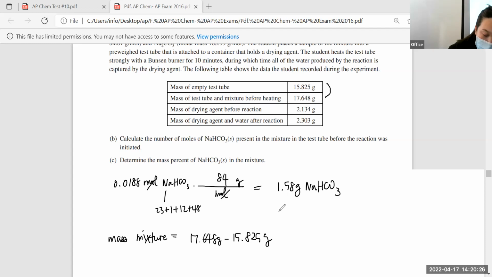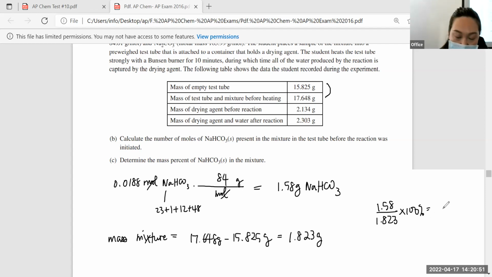That gives a mass of mixture of 1.823 grams. So my mass percent is going to equal 1.58 over 1.823 times 100%, and I get 86.7%.